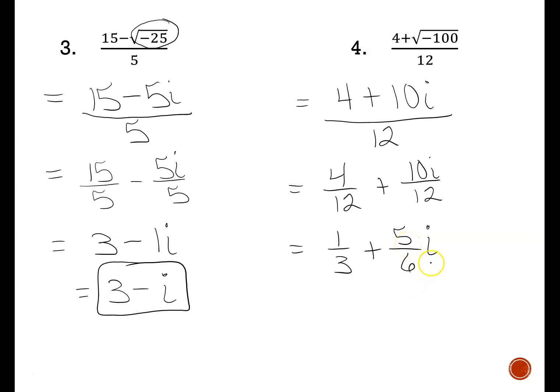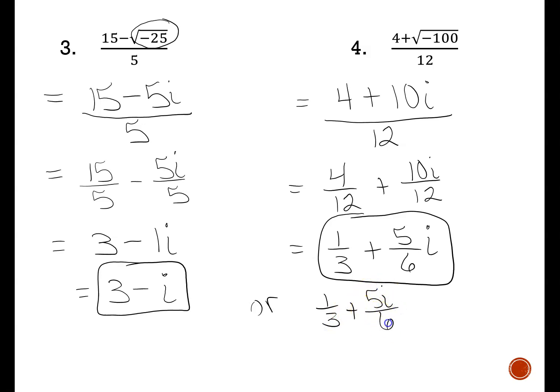Make sure it does not look like the I is in the denominator. It is definitely not in the bottom. So this is in that standard form A plus BI, and you can see the B is 5/6. However, if you wrote it 5I over 6, I would accept that answer as well.